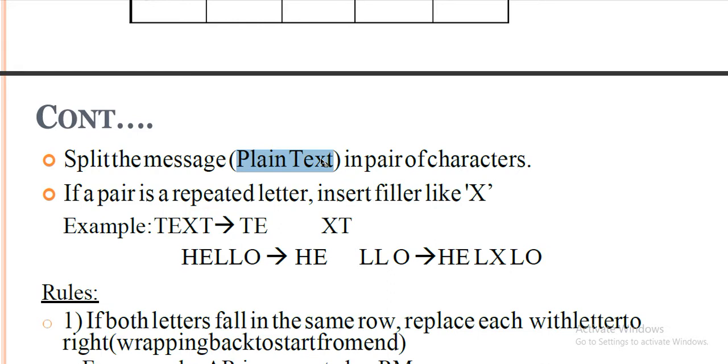In such a case, always add Z to make a third pair. Say, for example, KEY is our plain text, so K and E are our first pair, and Y we just join with Z, so YZ becomes the second pair. To make pairs we need to go that way.